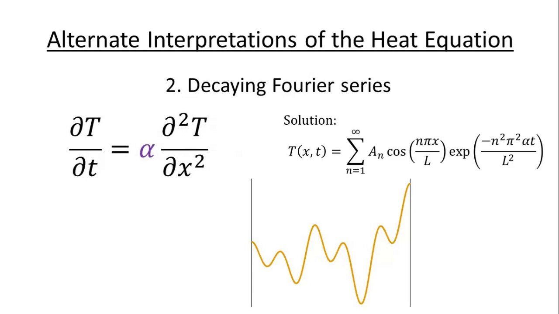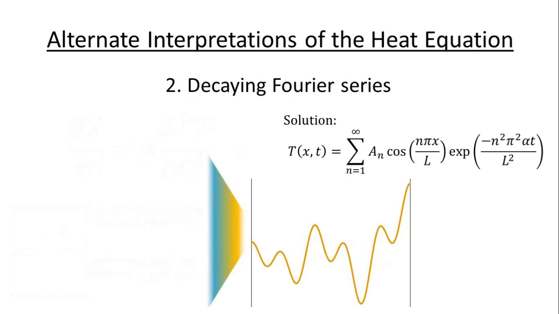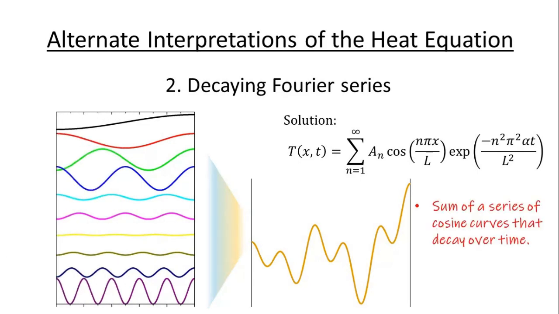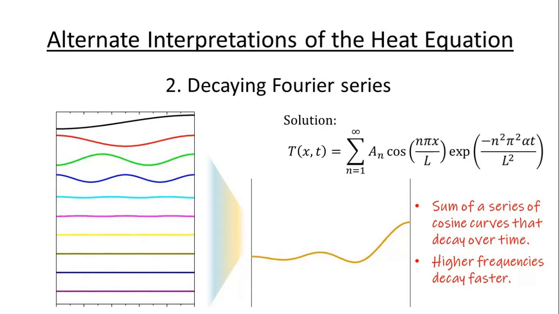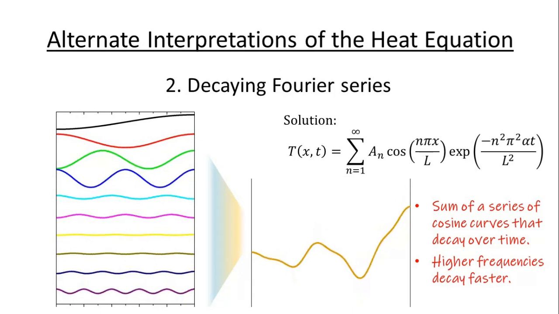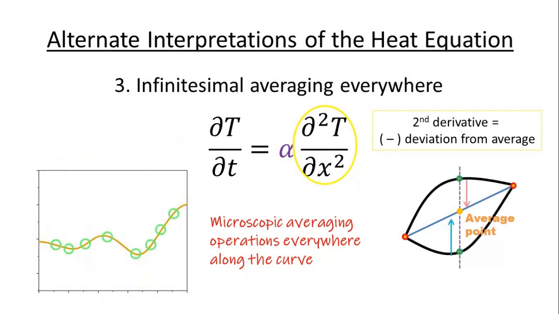Or you can consider the Fourier solution to the heat equation. That is, imagine decomposing the temperature profile into a series of cosine waves that each decay at different rates depending on their frequency. Or you can think of diffusion as lots of infinitesimal averaging operations everywhere along the curve.